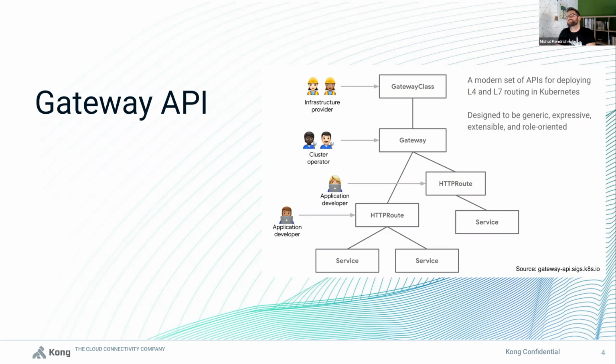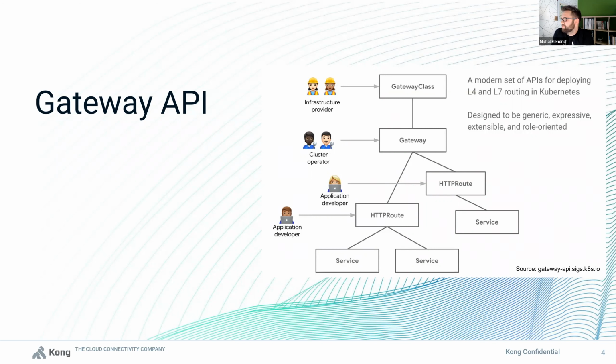One of the problems is that the Ingress API is quite tightly coupled with several details and is very much opinionated about the protocols it configures. To be more specific, the Ingress API is HTTP-centric. Gateway API is a recent effort by the Kubernetes special interest group SIG Network.